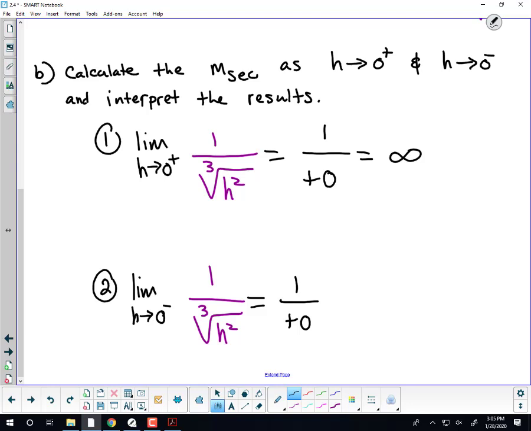So that overall limit is infinity. All right. Any questions on our limits that we've calculated? Then we want to interpret what is that actually telling us.